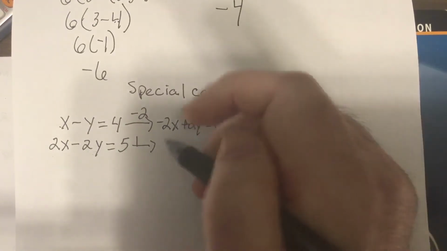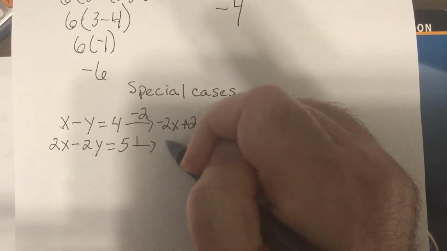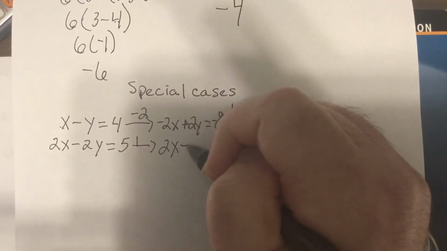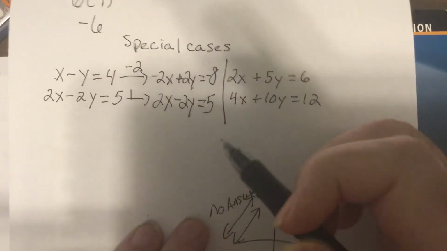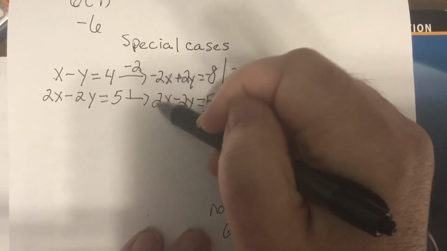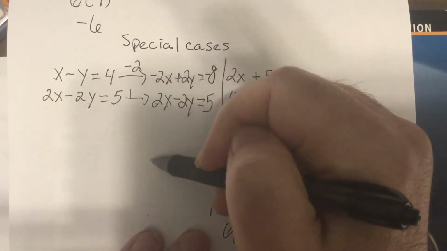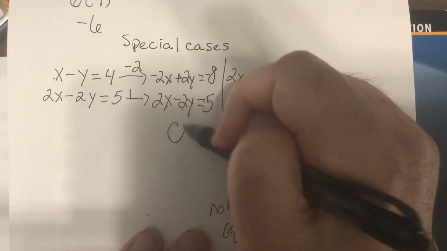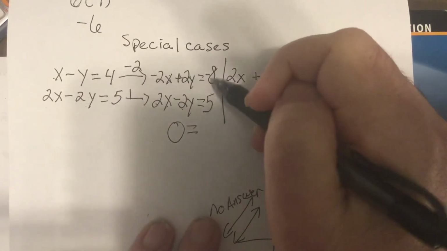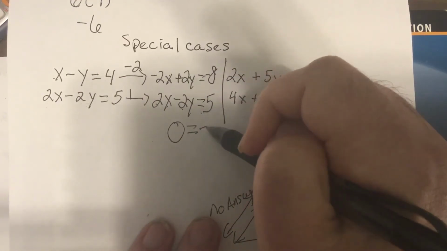Then this one, I'm just going to bring along. Minus 2y equals 5. So I look at this and say, okay, minus 2x plus 2x, that's 0. I wanted one of the terms to drop out. 2y minus, oh no, they both dropped out. Minus 8 plus 5 is negative 3.